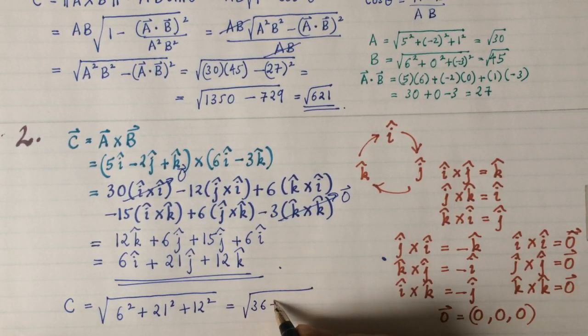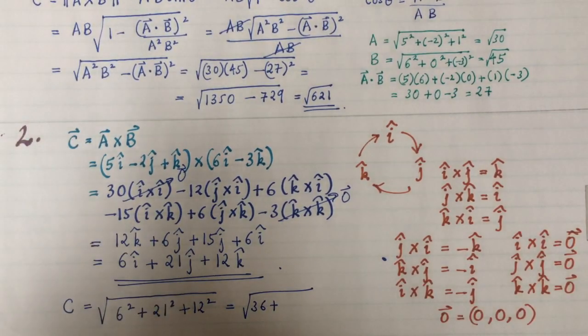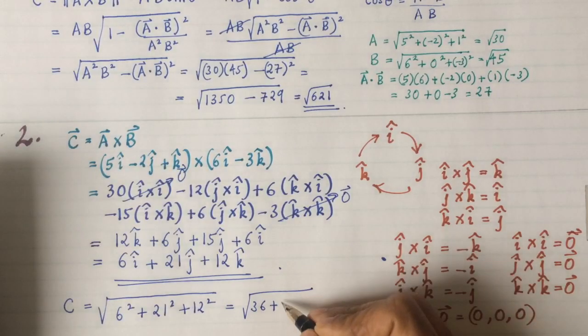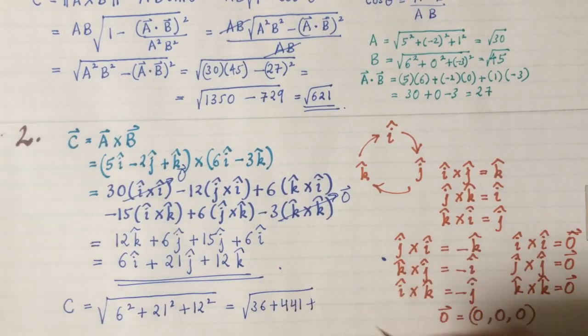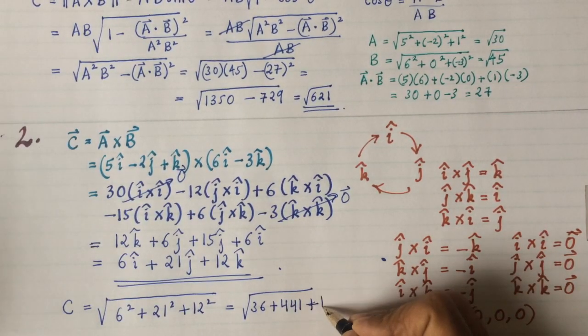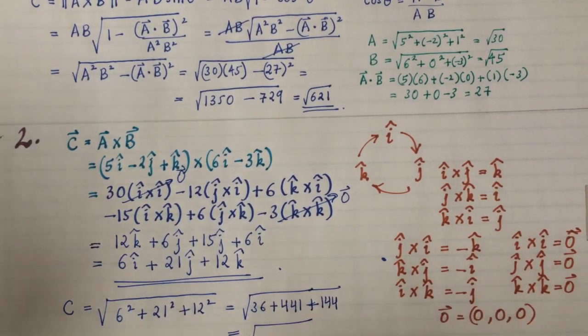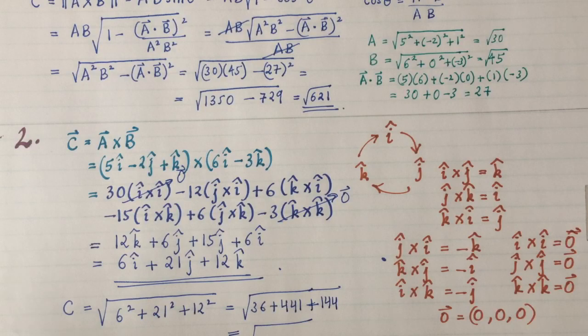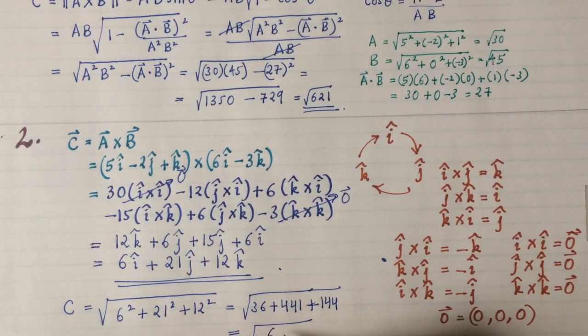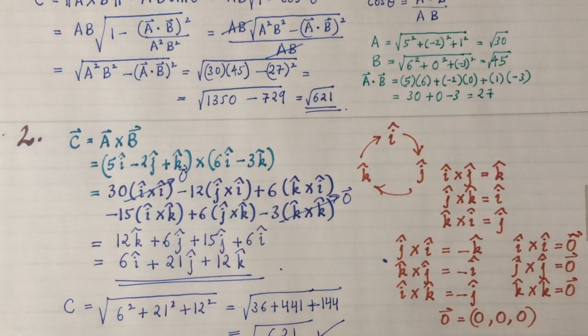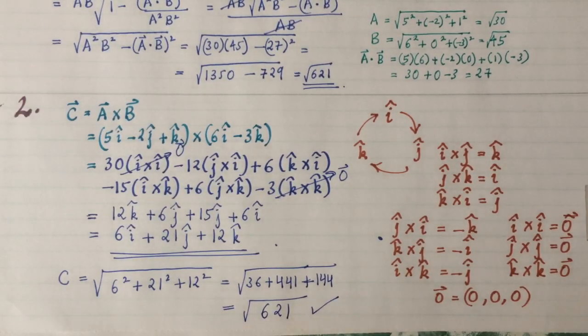That's 36. 21 times 21 is 441, and that's 144. I'm going to quickly add these three numbers off the screen. And indeed I get 621. So this was exactly consistent with that.